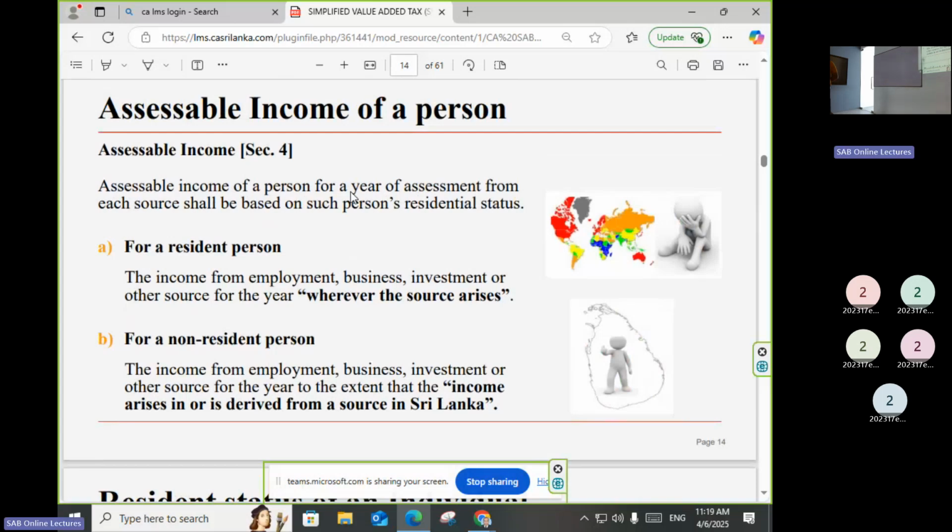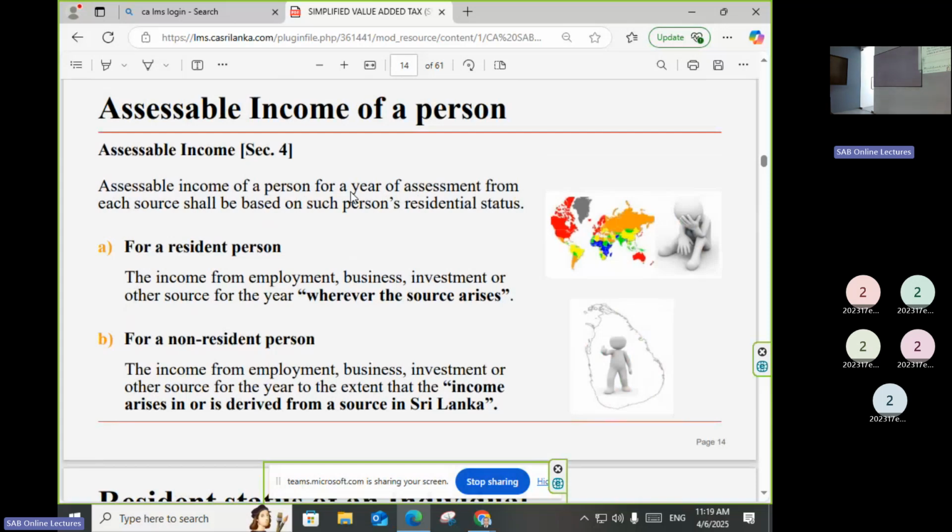In case of the resident person, it says for Sri Lanka tax purpose, if you have worked out the assessable income, we are not bothering about where that income is generated. Wherever the source. Source means where the income is generated. We are not bothering about whether it is from Sri Lanka, India, Australia or USA. As the law says, wherever the source arises, whether it is from the moon or the sun, that's how the law says.